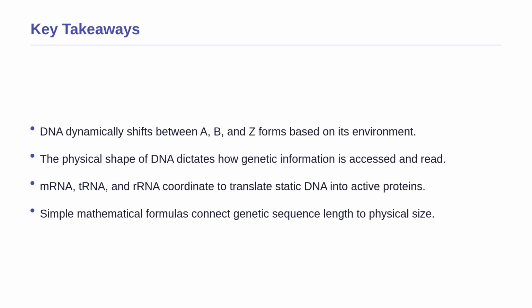Second, we saw how the 3 types of RNA, messenger, transfer, and ribosomal, work together to bridge the gap between static DNA blueprints and living proteins. Finally, we learned how simple math allows us to predict the physical dimensions of these vital biomolecules. You now have a strong foundation in the fundamentals of DNA and RNA.